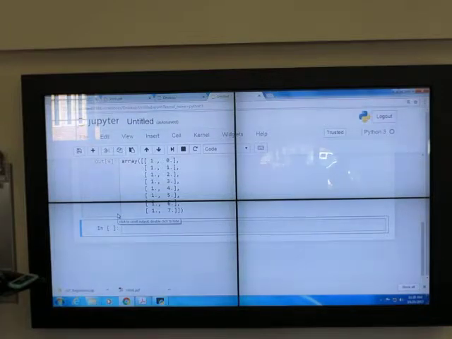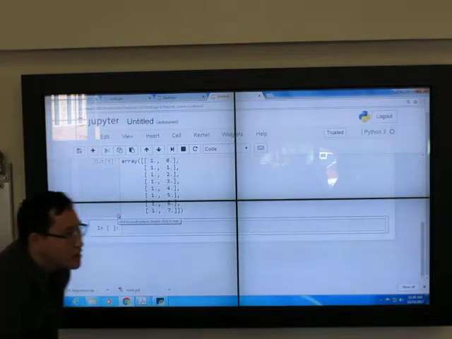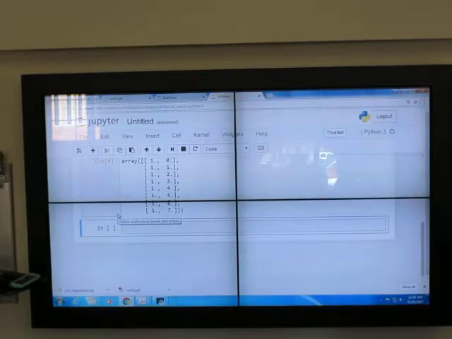You do reshape, right? array.reshape(-1, 1). That's what it is. You need to make it vertical first.